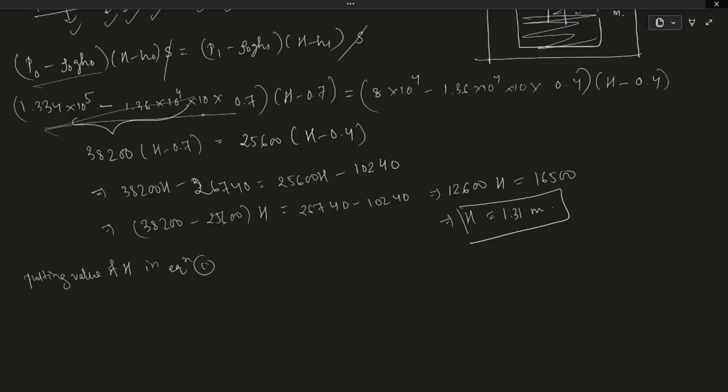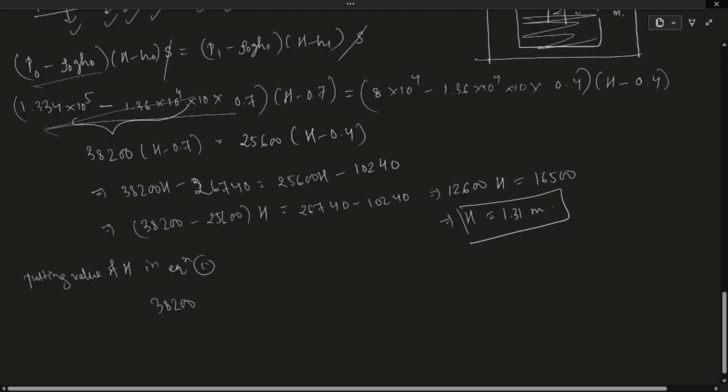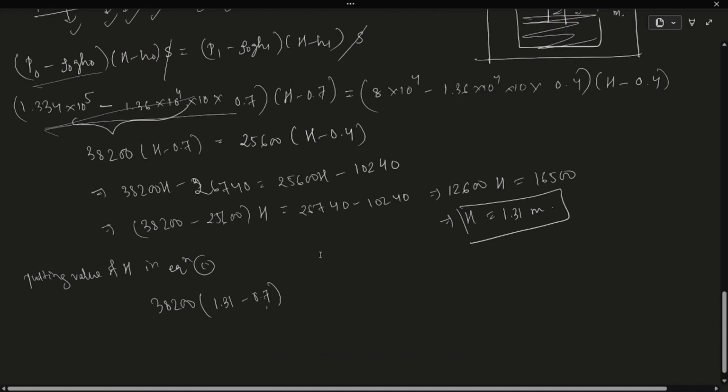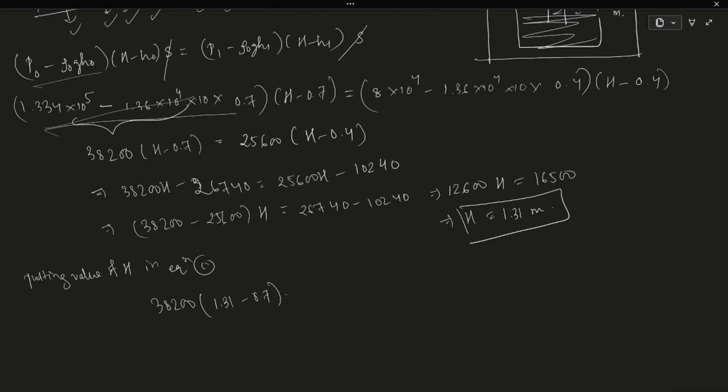This is 38200, right? 38200, height is 1.31 minus 0.7, into the S term in equation 1. S is 1 cm square, and 1 cm square is 10 to the power minus 4 meters square, equals M by capital M, we know 2 gram per mole.